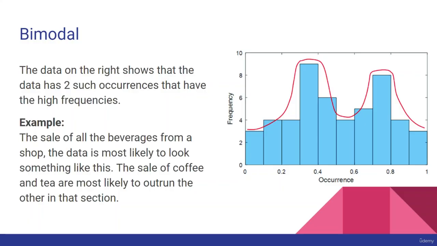If you see the consumption of tea and coffee compared to something as general as green tea or some other common beverage, you will see that tea and coffee are highly preferred, and that's the best example you can have to understand this distribution.